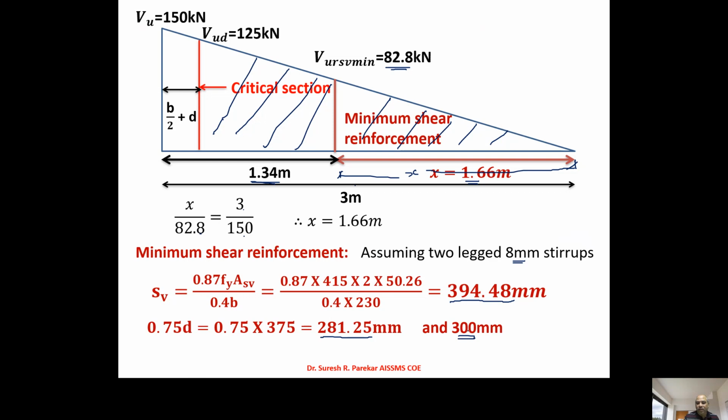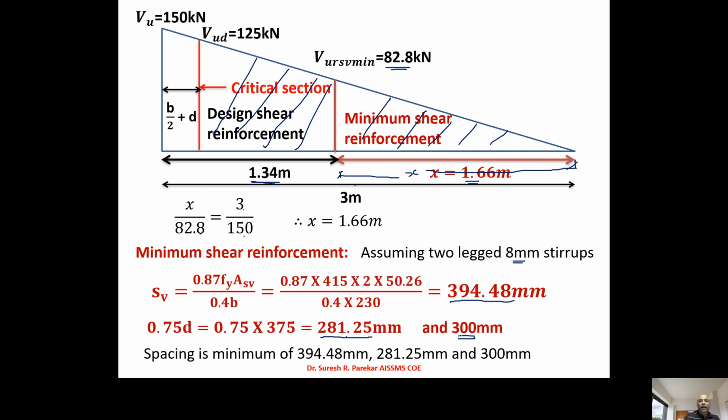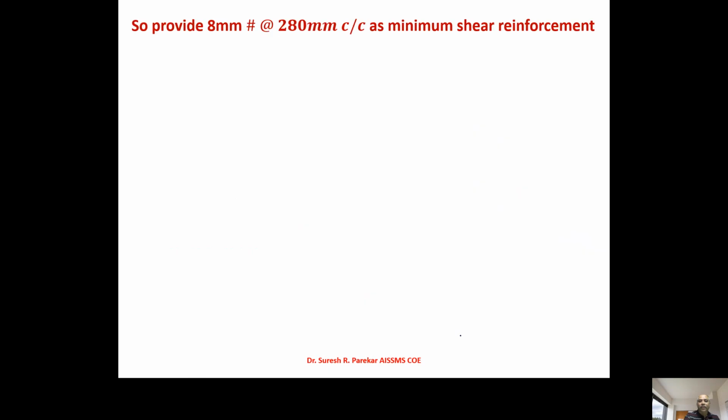We have to take the minimum of the three, and the spacing is the minimum of the three, so we provide 8 mm Tor at 280 mm center to center. Now let us go for the design shear reinforcement.